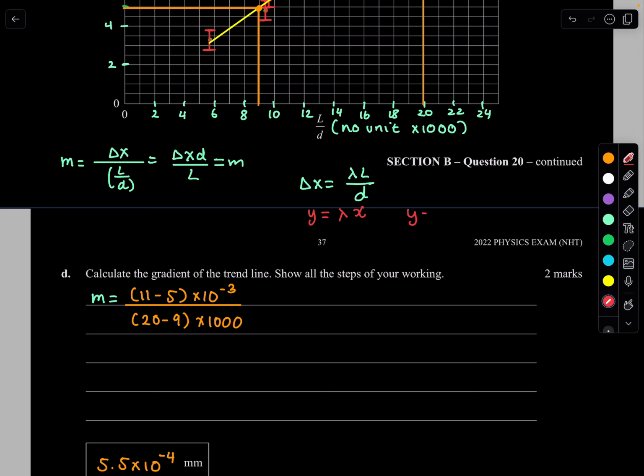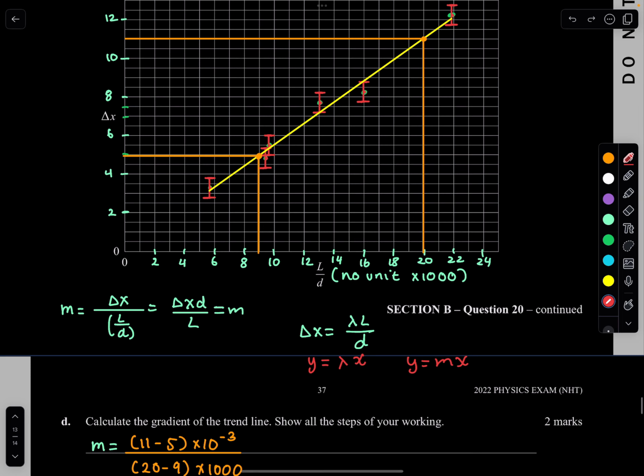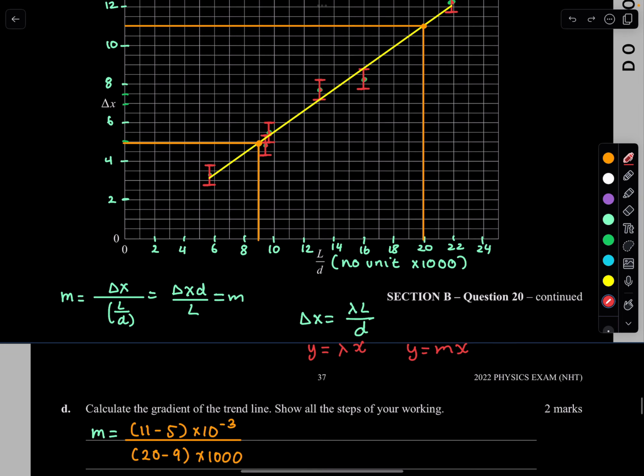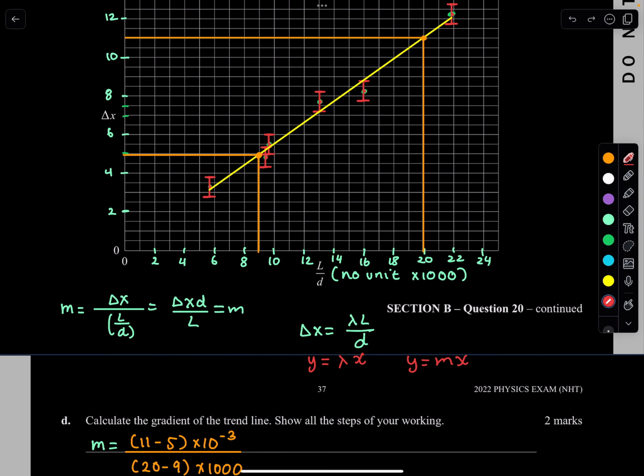Because remember, y equals mx. So x is our here, and m means our gradient. So it is our wavelength. So the gradient of this line is basically our wavelength.